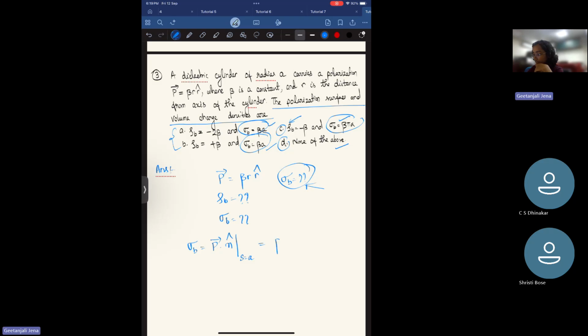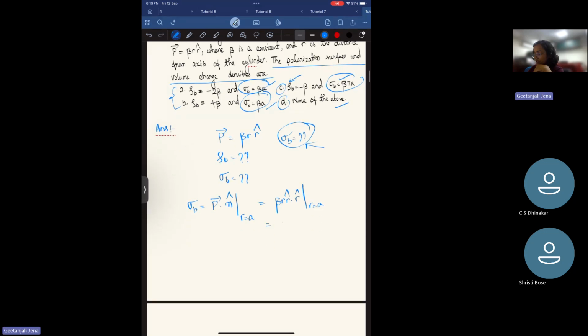So P is beta R cap, and let's take this is R equal to A. So beta R cap dot R cap at R equal to A, which is beta A. So we know surface charge density will be beta A. For volume charge density, it is nothing but minus of divergence of P. And if we recall for the cylindrical coordinates, we have the divergence formula.